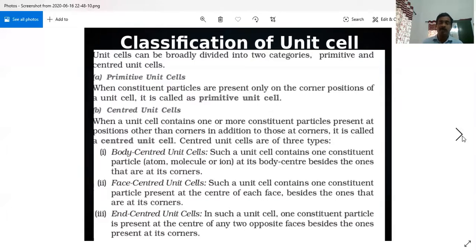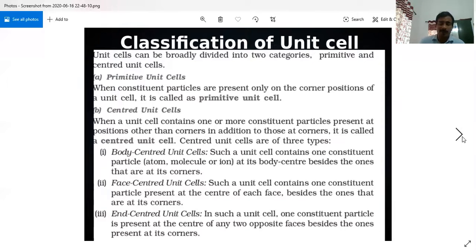So in a primitive unit cell, particles are present only at the corners, but in centered unit cells, particles are present at the corners and more. If there is one particle at the body center, we call it a body-centered unit cell. If particles are present at the corners and also at the face centers, how many faces are there? 6 faces are present.